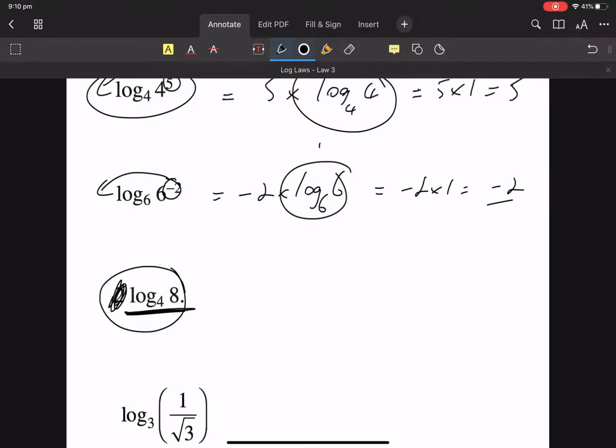Just looking at that, I'm thinking 4 to what power is 8? Please don't say 2, because 4 squared is 16. Can you see how I can't get an answer to that? It doesn't work.